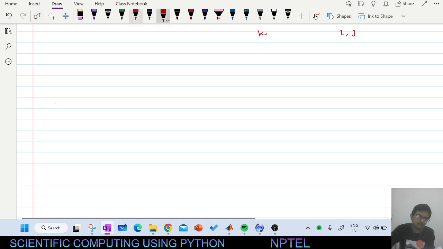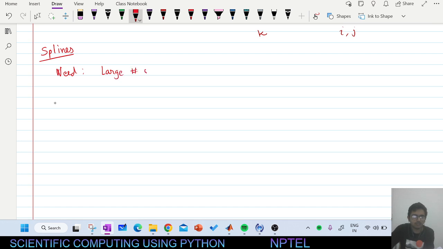Okay, then the last thing which the professor briefly touched upon was splines, and we'll talk about splines in detail when we do the coding. But what's the need of splines? Because a large number of data points means the Lagrangian method, or Lagrange interpolation, is not good.